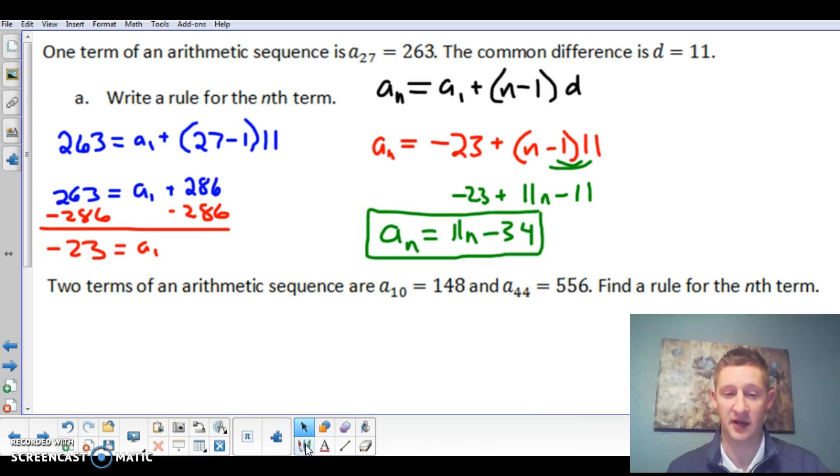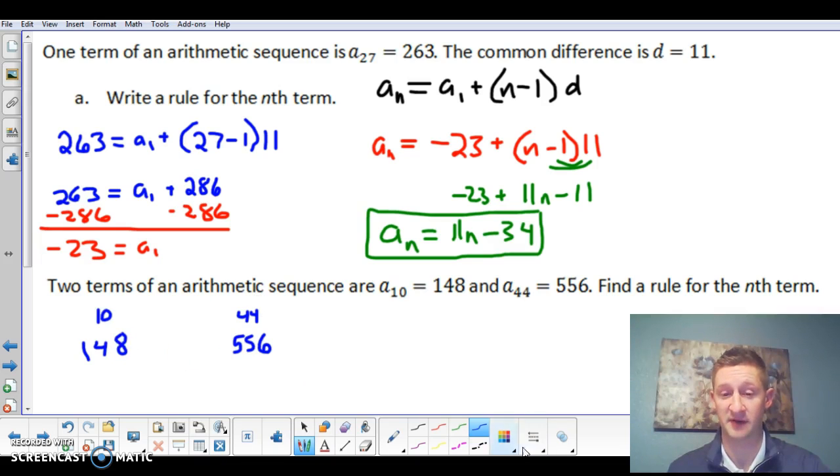So keeping that in mind, we'll draw a little diagram here. We've got the 10th term was 148. And then we're told that the 44th term was 556. So I added something over and over and over again to go from the 10th term to the 44th term, or from 148 to 556. So how much have I added to get there?